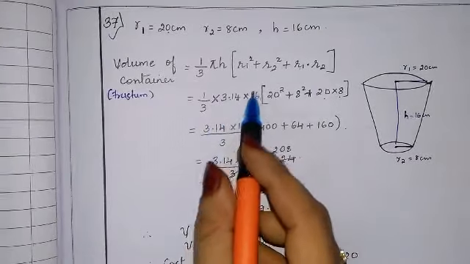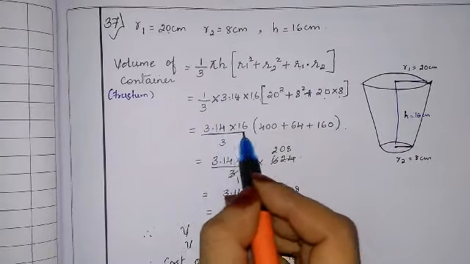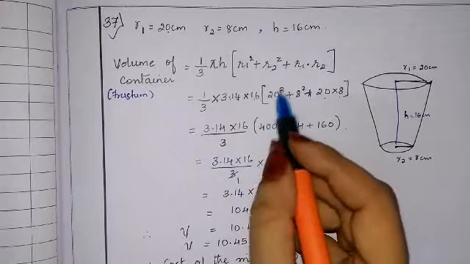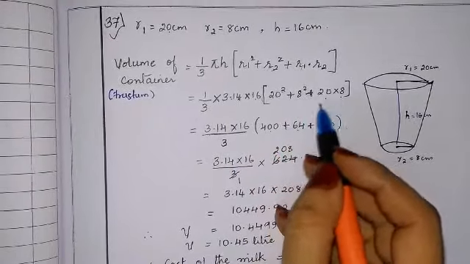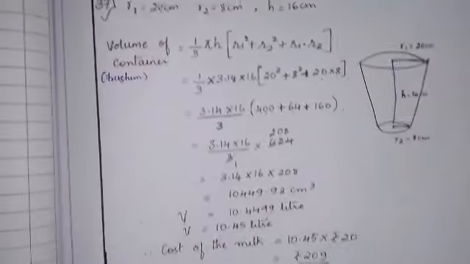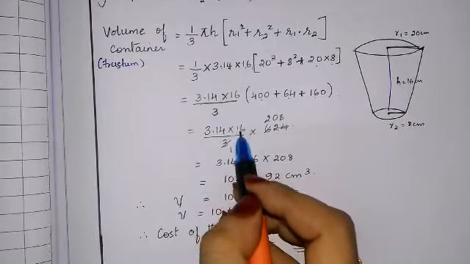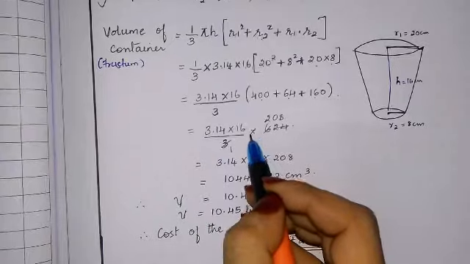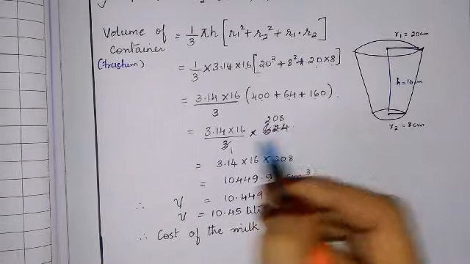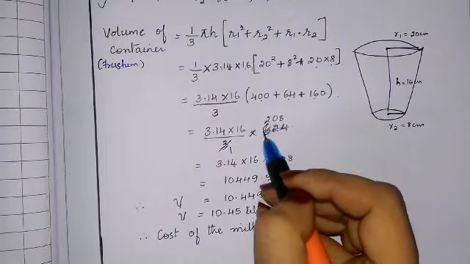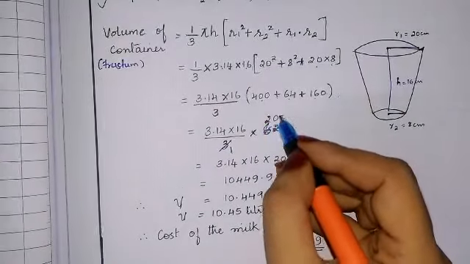Okay, 3.14 into 16 upon 3 as it is, 20 square is 400, 8 square is 64 plus 20 into 8 is 160. If we add all this we get 624. So with 3 we have cancelled, 3 1s are 3, 3 2s are 6, 3 8s are 24.